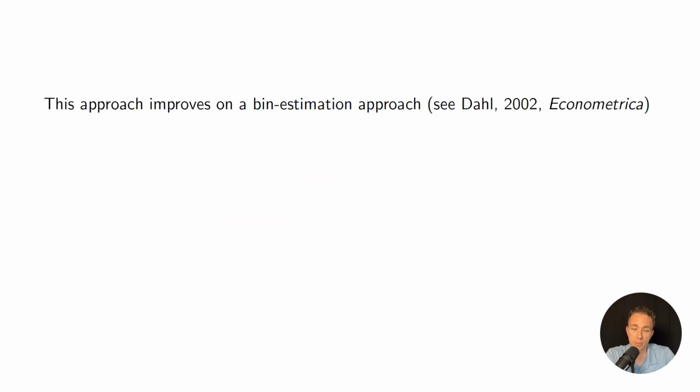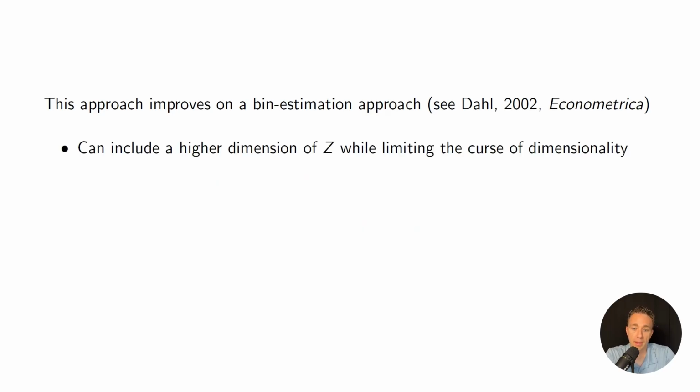And so this is an improvement on this Econometrica paper that I was mentioning. And we can include a lot of Z's in our model without encountering the curse of dimensionality, because the tree model can merge sparse cells together through this regularization.